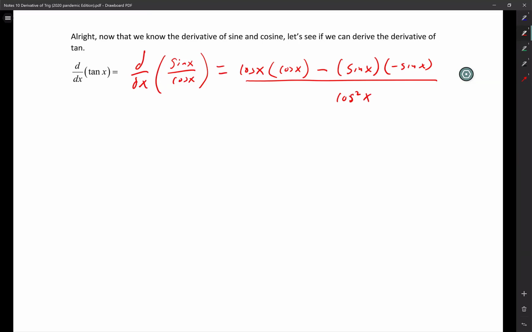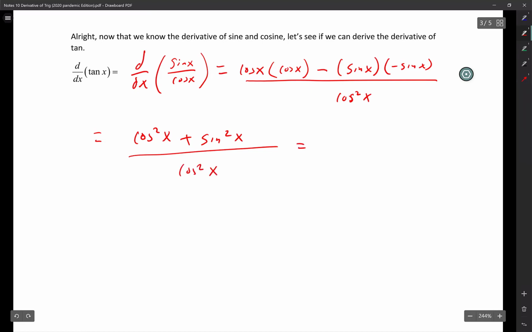There it is. Let's expand this. Cosine times cosine, that's cosine squared x. Plus, because negative times the negative is a positive, sine times sine, that is sine squared x, all over cosine squared x. Okay, what's cosine squared plus sine squared? 1 over cosine squared. Okay, what's 1 over cosine squared? It's equivalent to what?